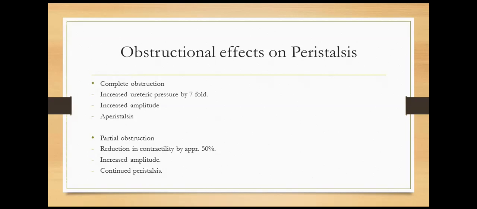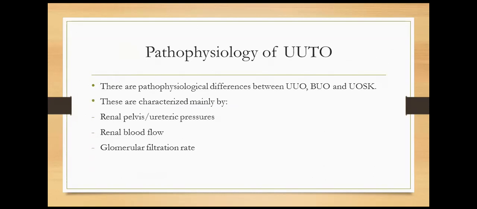And this is now the meat of the talk, pathophysiology explained. I'm going to differentiate the main characteristic features between your unilateral and, as promised, bilateral, and your unilateral solitary kidney, which behaves the same as your bilateral. Most importantly, for us all to note, the key thing here is that renal pelvic or ureteric pressure is where the changes are: renal blood flow and glomerular filtration rate.